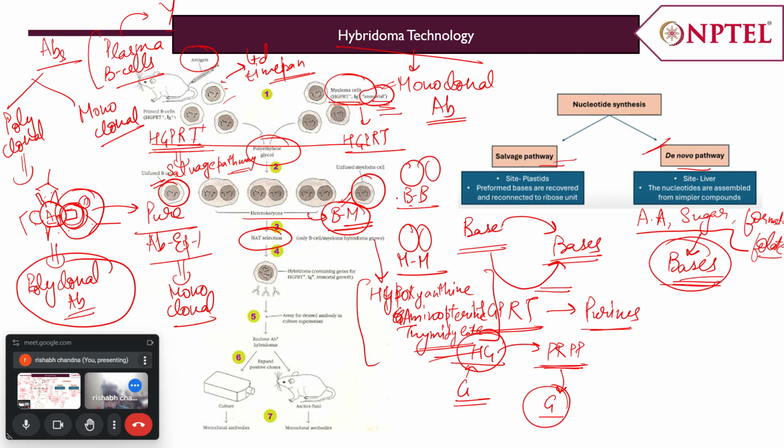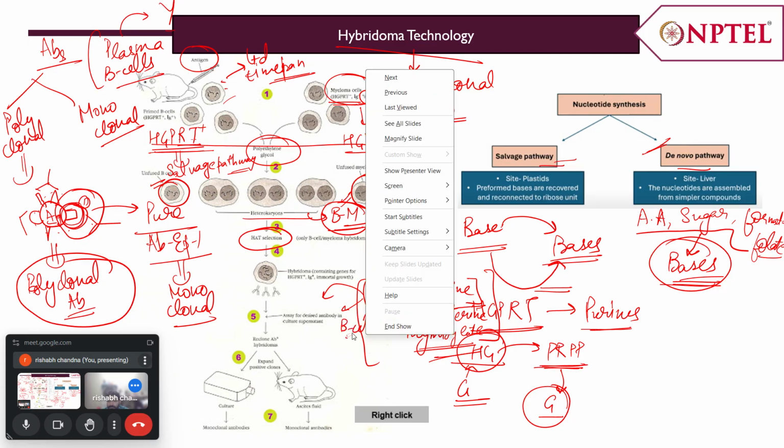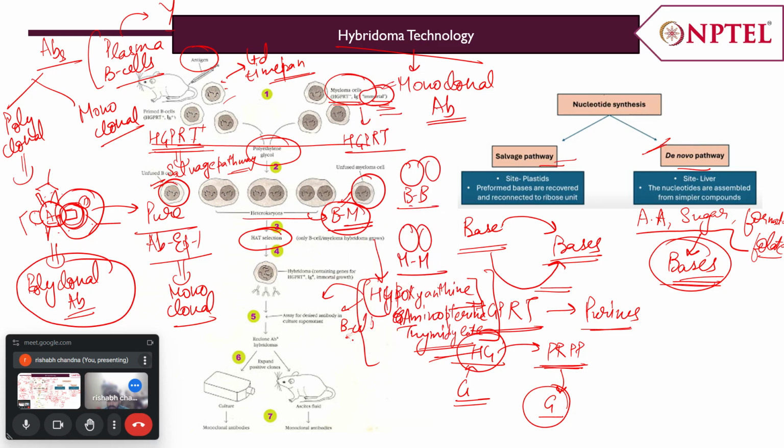Hypoxanthine is a substrate for HGPRT. When HGPRT is there, hypoxanthine helps to activate it, so it's basically a food. Myeloma cells do not have HGPRT, so they will not require hypoxanthine at all. This is for the B cells only.